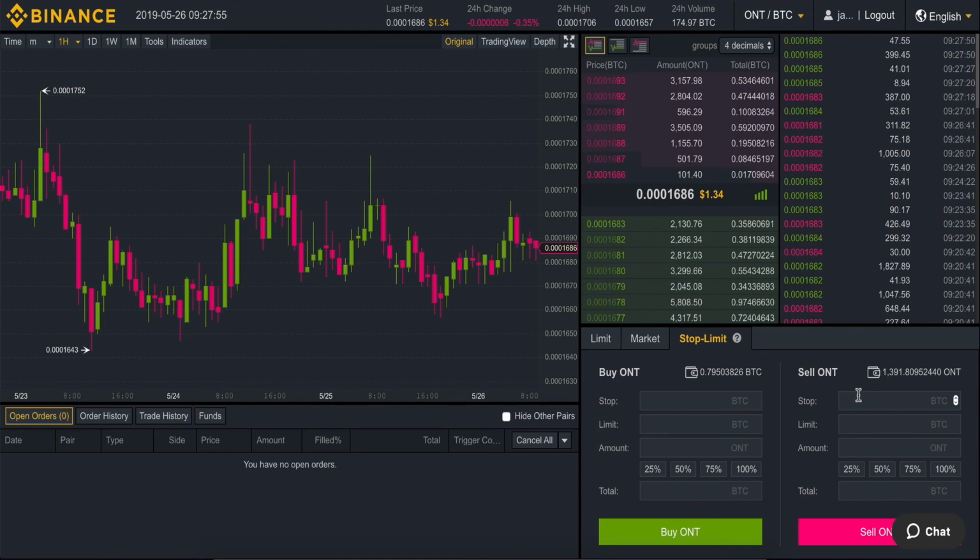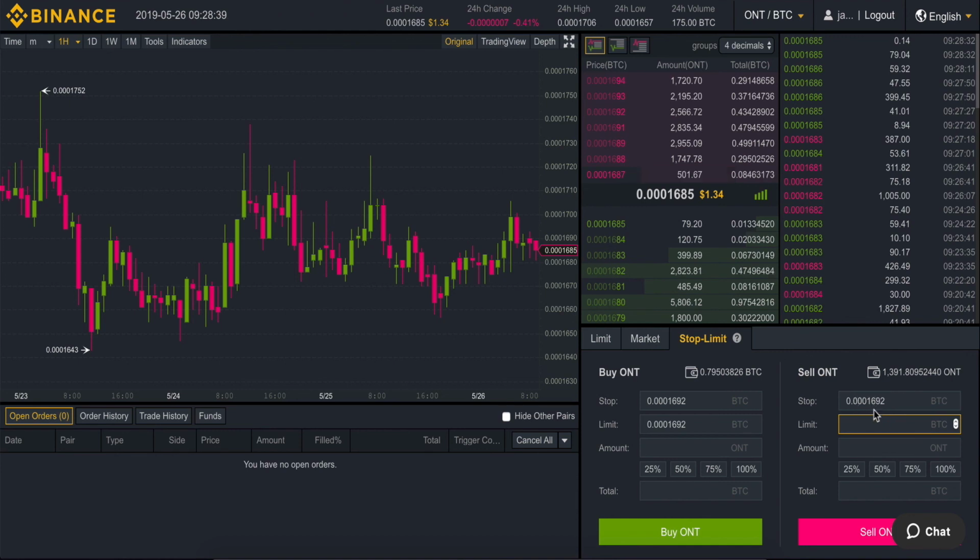Now a stop limit, I have explained in previous videos, but basically it works like this: the stop price is the price that, when the market hits it, will then put your order onto the order books, and it will try to sell for the limit price. So we've got 1692. Let's remove this one.